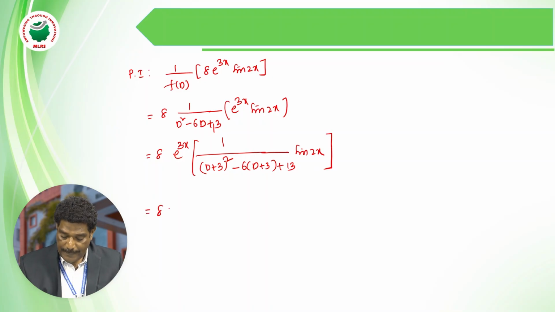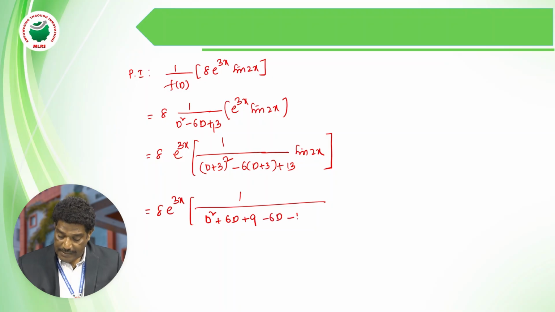Now simplify here. 8 e power of 3x into 1 by, simplifying, D square plus 6D plus 9 minus 6D minus 18 plus 13, into sin 2x. The 6D and minus 6D cancel. Now 9 plus 13 is 22, 22 minus 18 is 4.